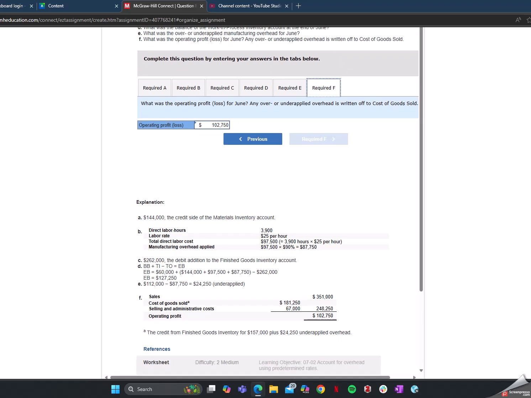And then we calculated out that cost of goods sold, the 181,250. Oh, no, we didn't calculate it out, but the 156,000 plus that under applied. That is our cost of goods sold.